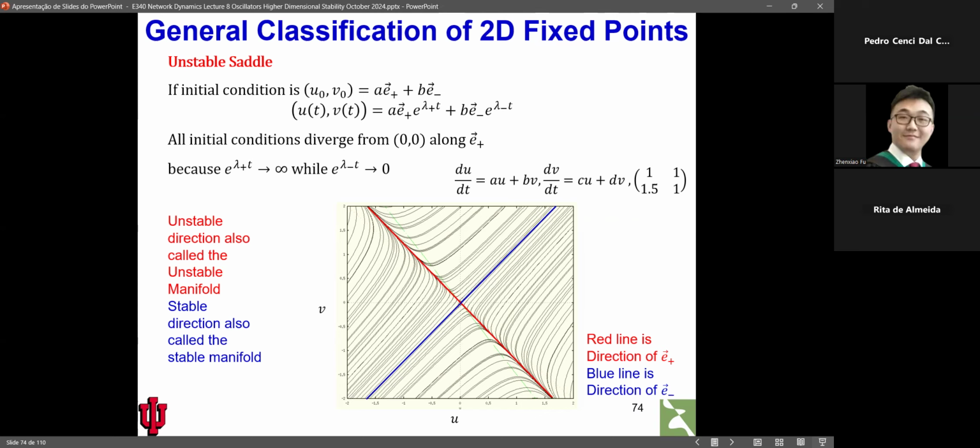This subspace is going to be the unstable manifold, while the stable manifold is composed by the directions linked to the eigenvectors with eigenvalues that are less than 0.